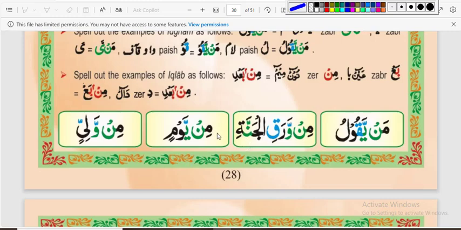Next one is mim ya kasra mi, ya waw fatha yaw, miyaw, and then mim double kasra min, min.